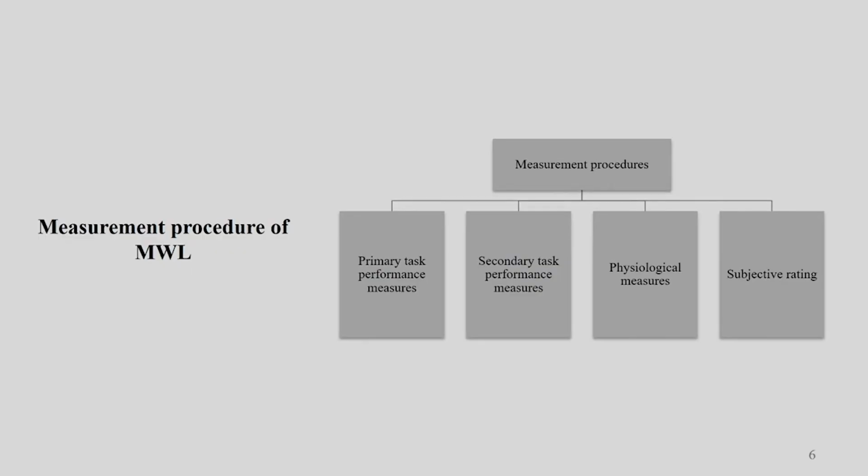Okay. So, mental workload, if we talk about it, has four major structures, what I can say. So, first is the identification of the primary task performance, because when we are talking about a particular task, there will be a primary task and a secondary task.